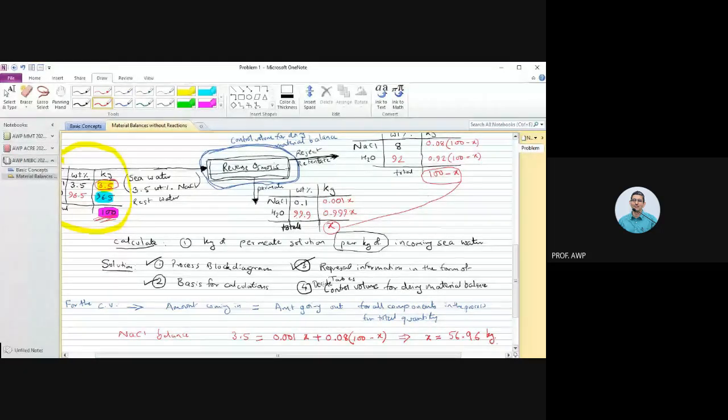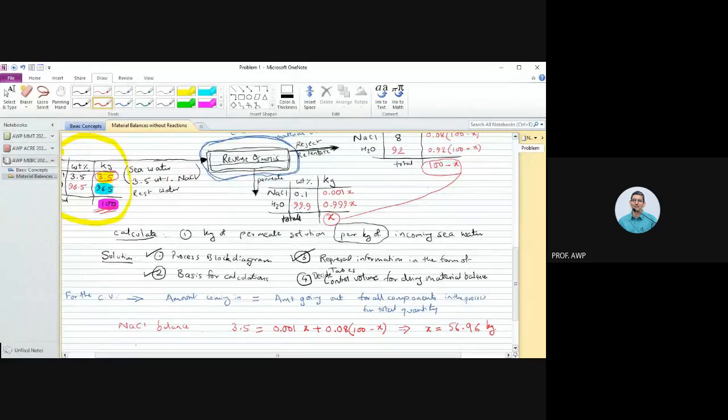Okay. We could have taken a balance for water. What is coming in? 96.5 kgs is coming in. What is going out? 0.999x plus 0.92 multiplied by 100 minus x. This also would have given us the same answer.